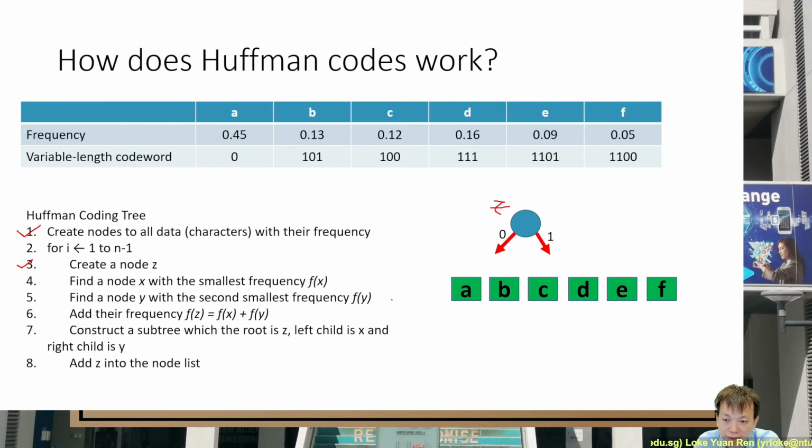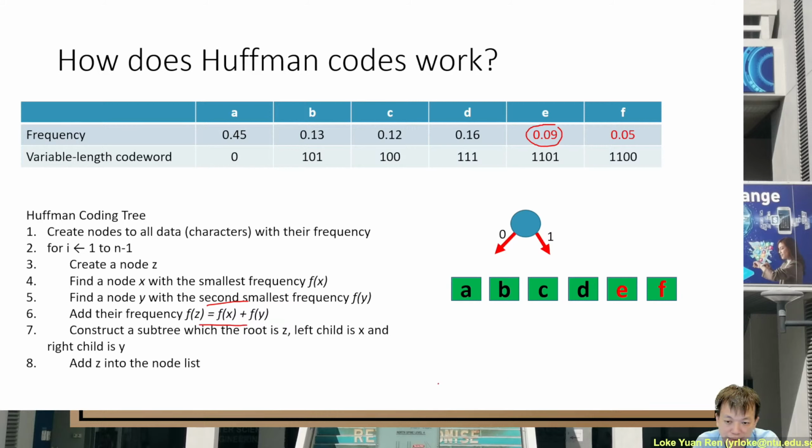Then among A, B, C, D, E, F, I look for the smallest frequency one, which is F in this case, and then the second smallest one, which is E. Then I sum it up: 9% plus 5%, which is 14%.